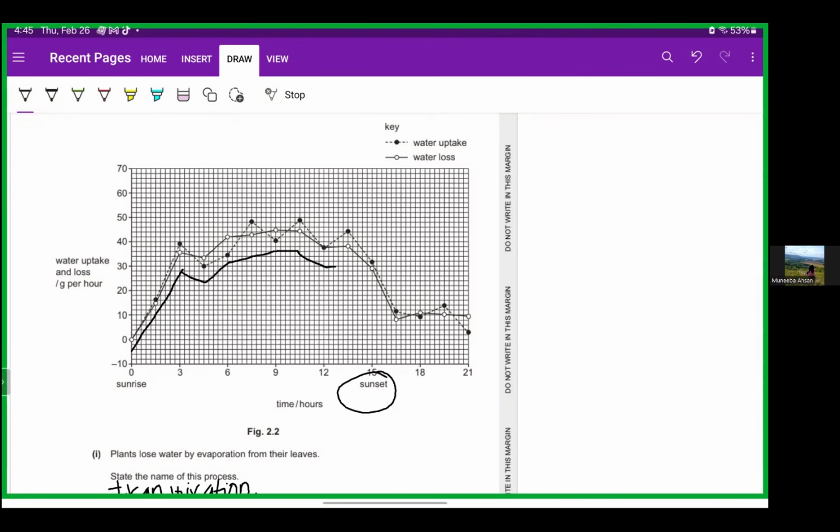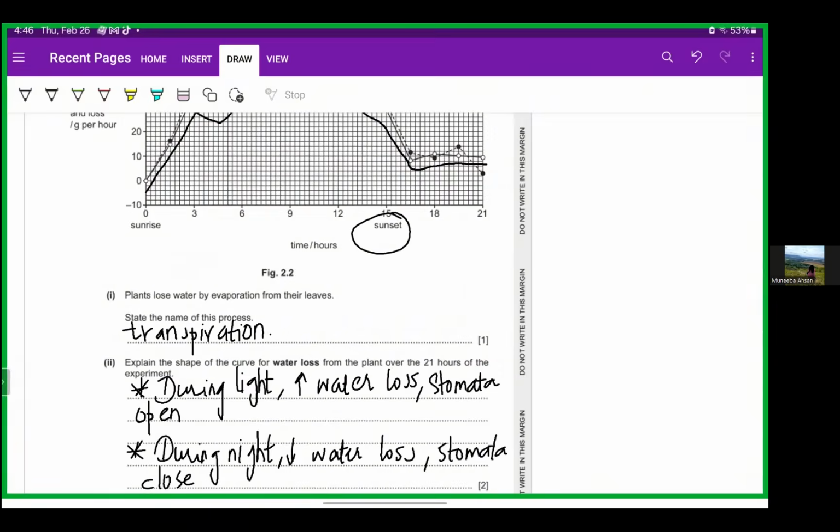Obviously, you will be drawing it with a scale. So your graph will look something like this because the temperature has been decreased, so the rate of transpiration would be low.